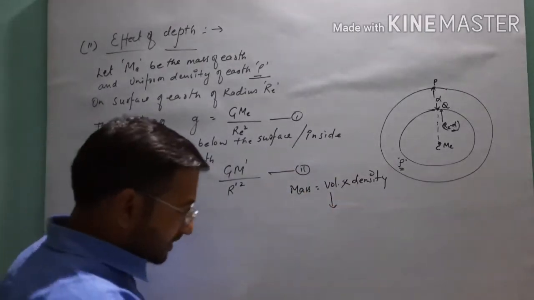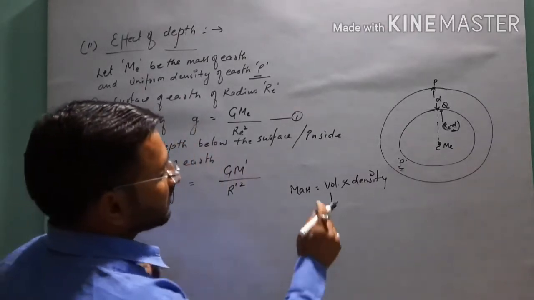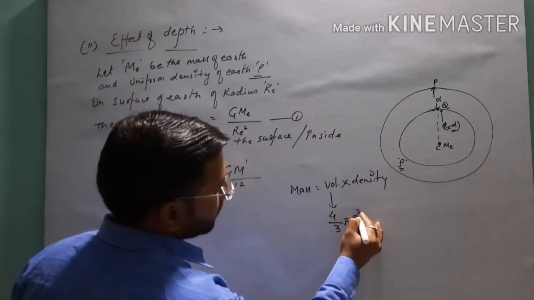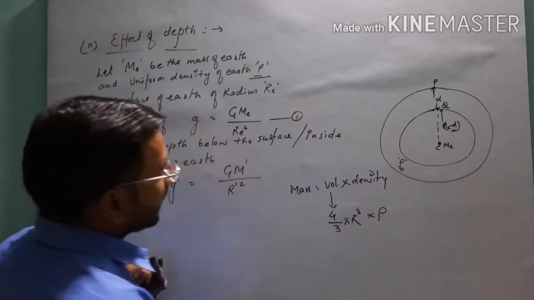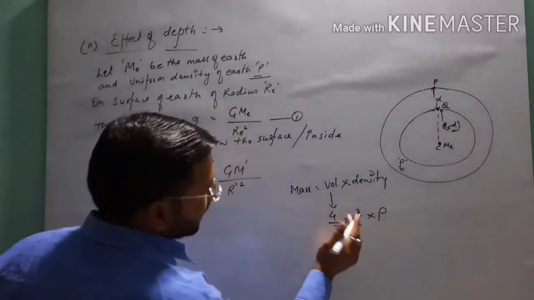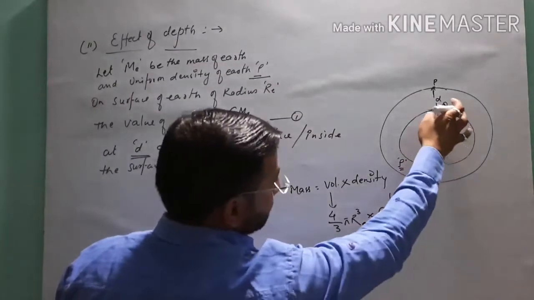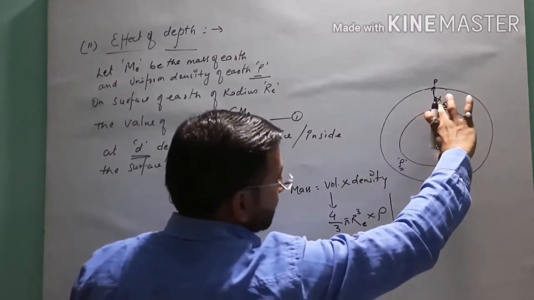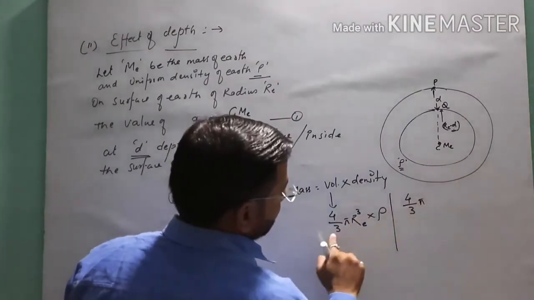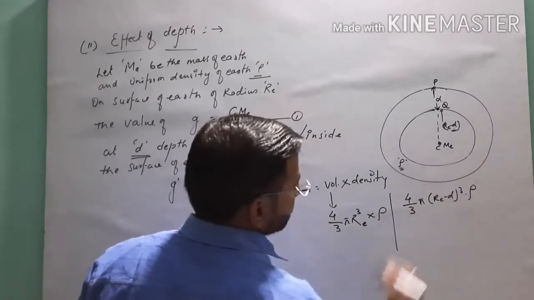This is our second equation. If you want to update this equation, you can write that mass is equal to volume into density, and the volume of a sphere is 4 upon 3 pi r cube, into density rho. For the sphere of radius Re, the radius will be Re, and for the second small sphere of radius Re minus d, the formula will be 4 by 3 pi (Re minus d) whole cube into rho.